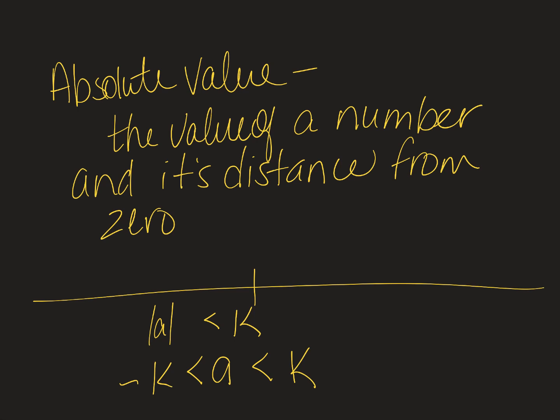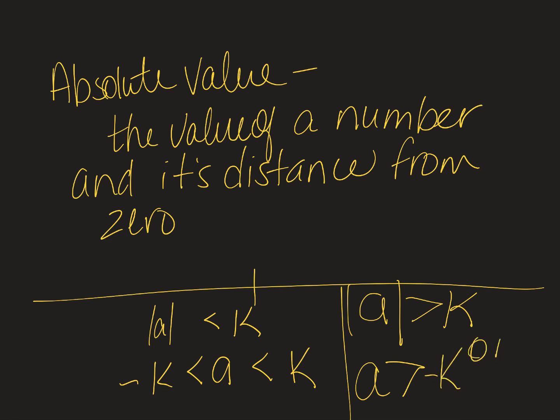Just hold on, we'll get there, okay? So, if you have the absolute value of A is greater than K, then A could be less than negative K, or A could be greater than K. That one has two equations. Notice that's a greater value, whereas this is less than, okay?